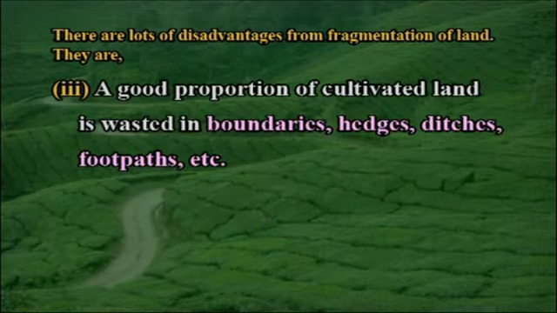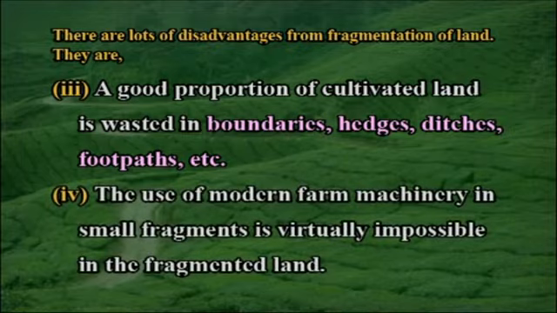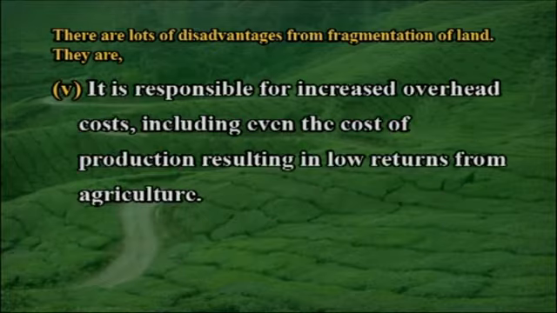A good proportion of cultivated land is wasted in boundaries, hedges, ditches, footpaths, etc. The use of modern farm machinery in small fragments is virtually impossible in fragmented land. It is responsible for increased overhead cost, including even the cost of production, resulting in low returns from agriculture.